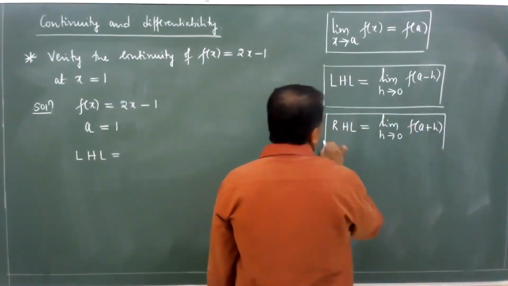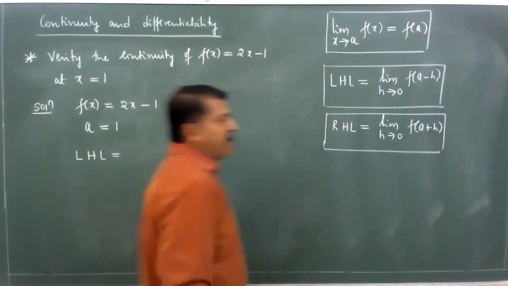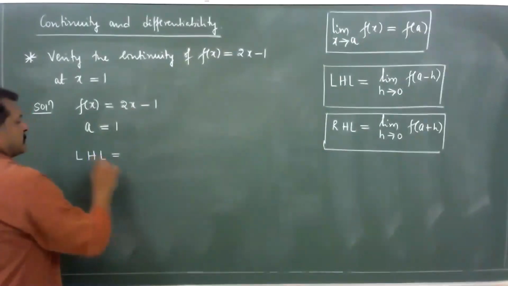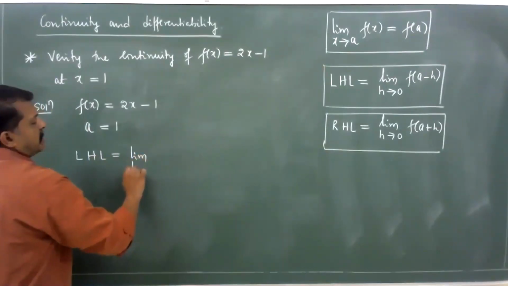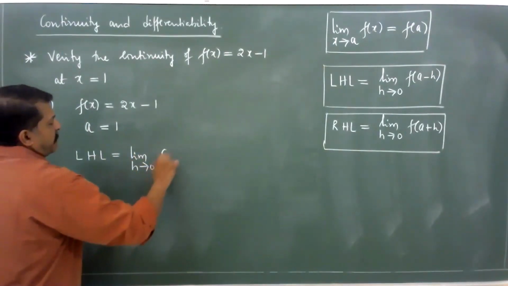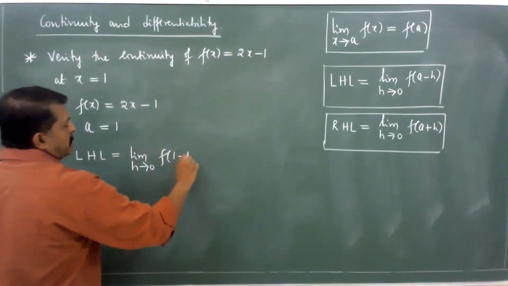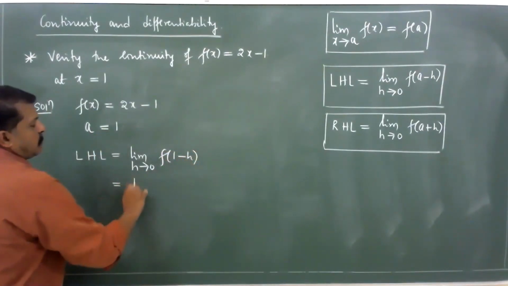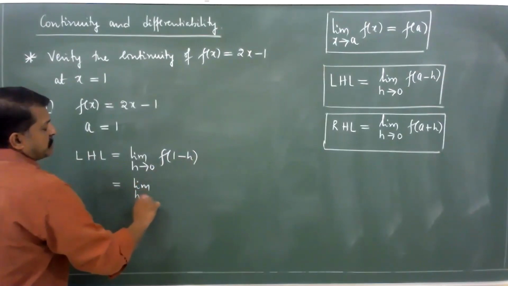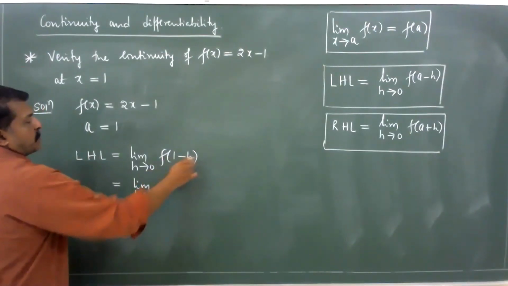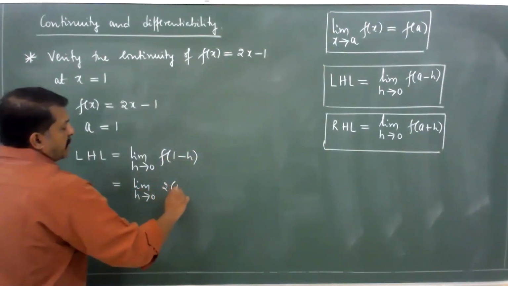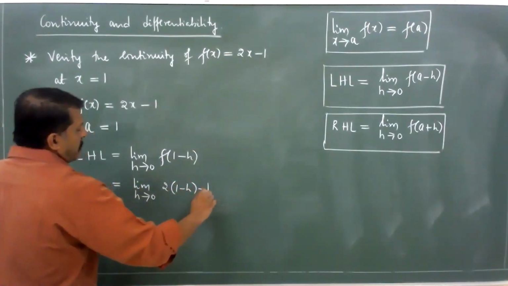That is your right hand limit. So in this case, left hand limit is limit h tends to 0, f of a, what is a? 1, so f of 1 minus h. This is equal to limit h tends to 0. What is f of 1 minus h? 2 times 1 minus h minus 1.